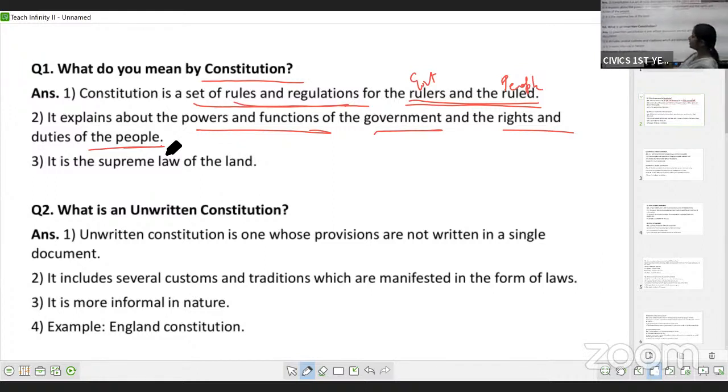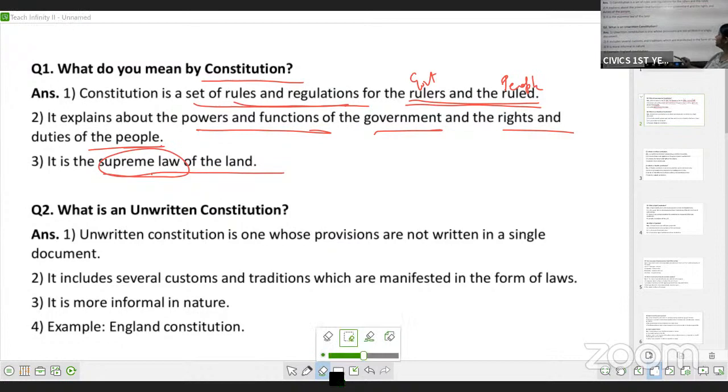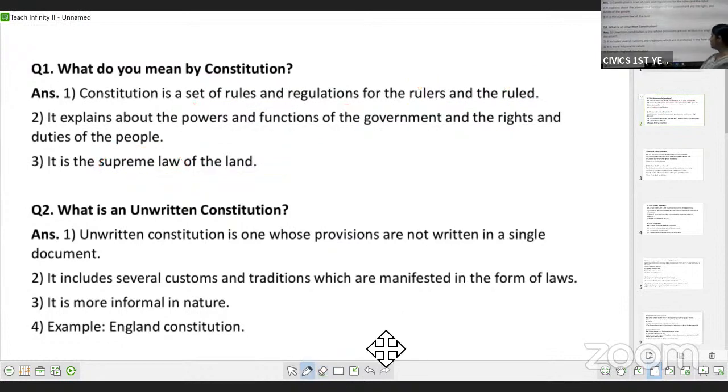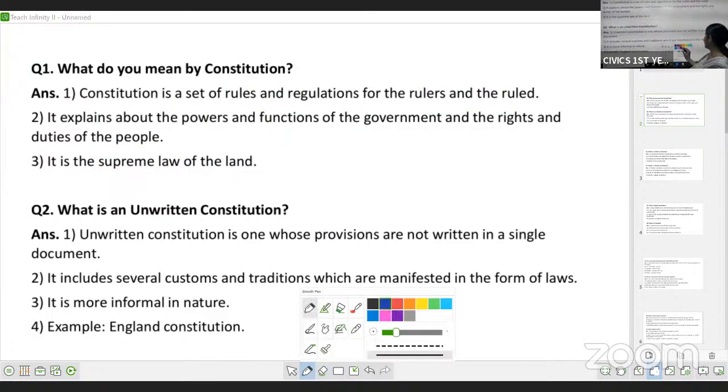So it is regarded as the supreme law of the land, because it is controlling the government. That is why it is called the supreme law of the land.